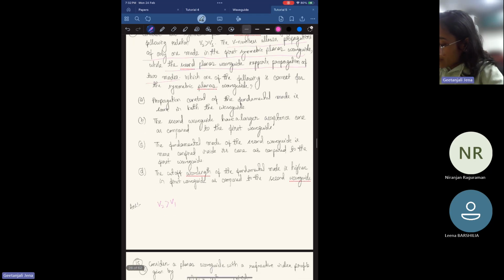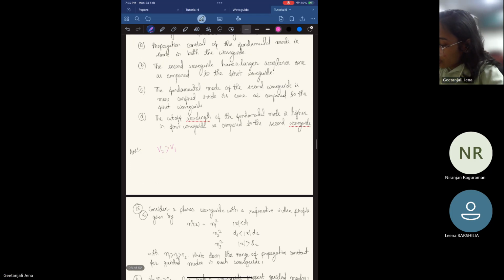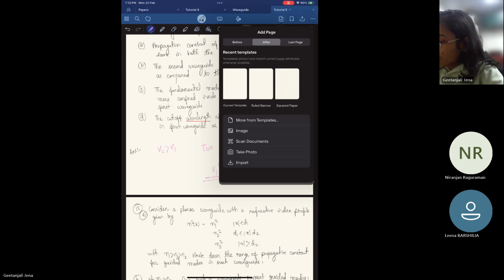So we have two symmetric planar waveguides, with values V1 and V2, and it is given V2 is greater than V1.